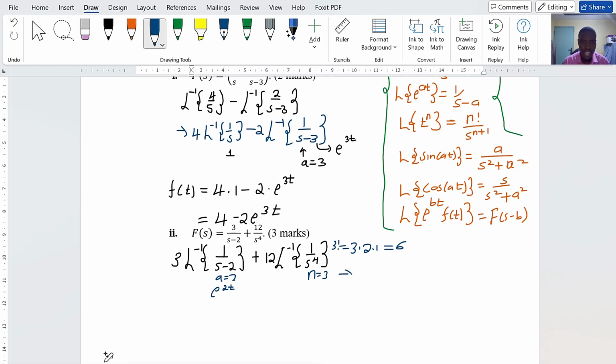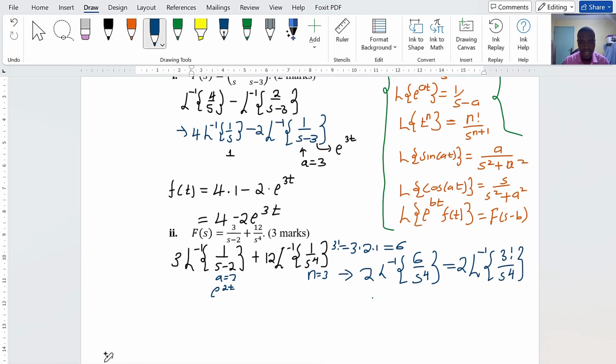So the entire thing is, we have 2 times the inverse Laplace transform of 6 over s^4. So you see this 6 times 2 still gives us 12, but 6 is the same as 3 factorial, so we can say 2 times the inverse Laplace transform of 3 factorial over s^4.